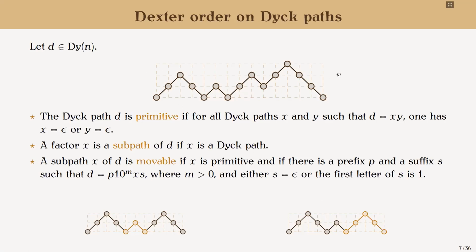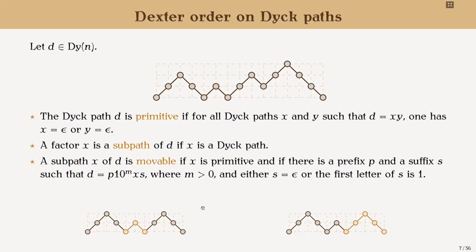So if I take the big example here, we have only two movable subpaths. We have this one here and this one here. I take the smaller example here. We have two movable subpaths too, this one and this one. So this is the same Dyck path.